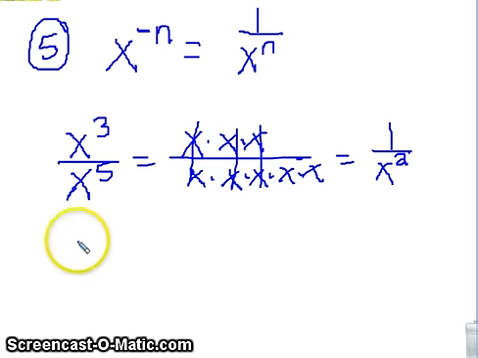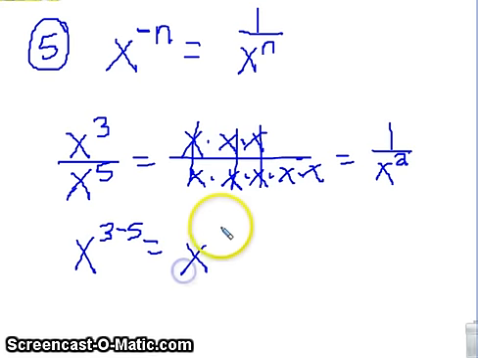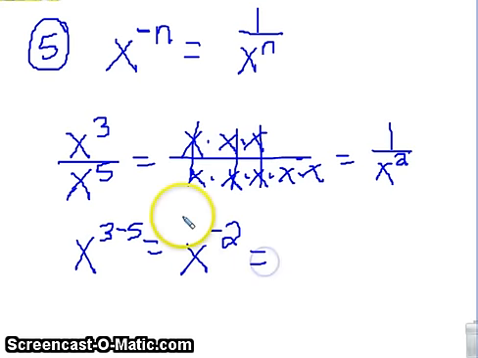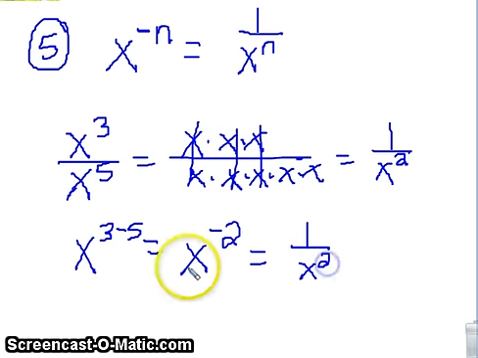Well, if you subtract, this is x to the 3 minus 5, and 3 minus 5 is x to the negative 2. So what this means is that if it's negative in the numerator, it goes into the denominator.